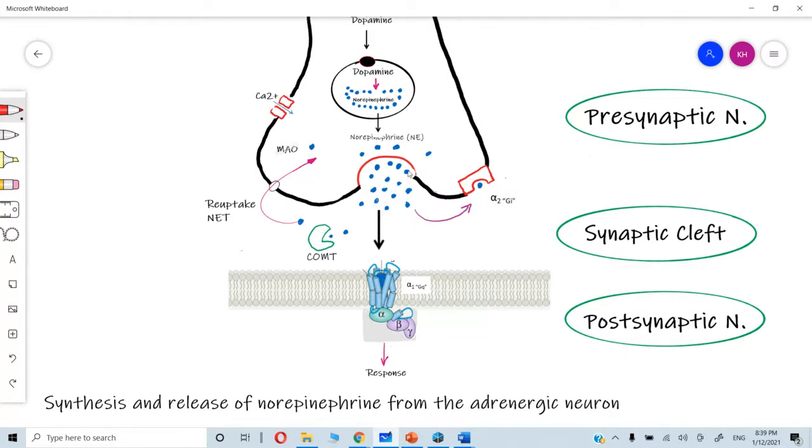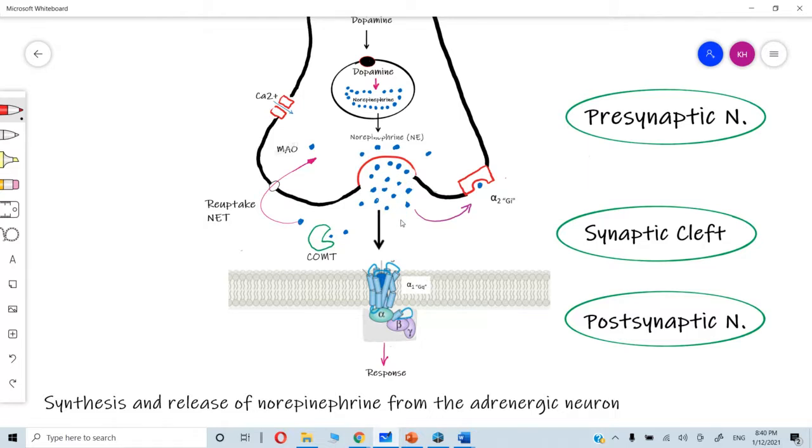The main mediator in the synaptic cleft will be norepinephrine, and the abbreviation NE stands for norepinephrine. Now the norepinephrine has arrived in the synaptic cleft, as you can see here, the blue dots, these granules.